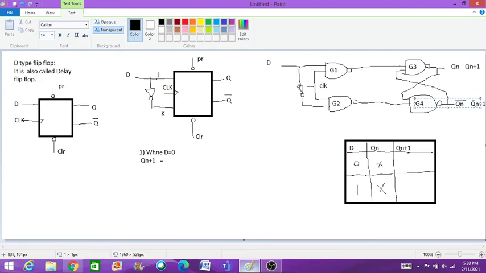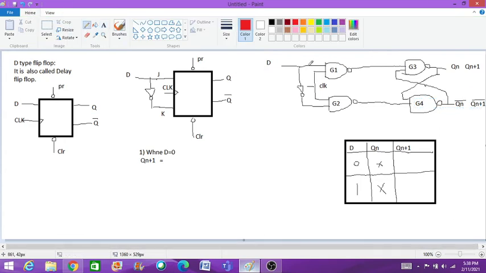So when we apply the 0 input to this circuit, this is now 0, and here this will be converted into 1. So the G2 input is 1 now, and clock is always 1. Then G1 will output 1 and it will be 0 simply. Then how is this calculated?